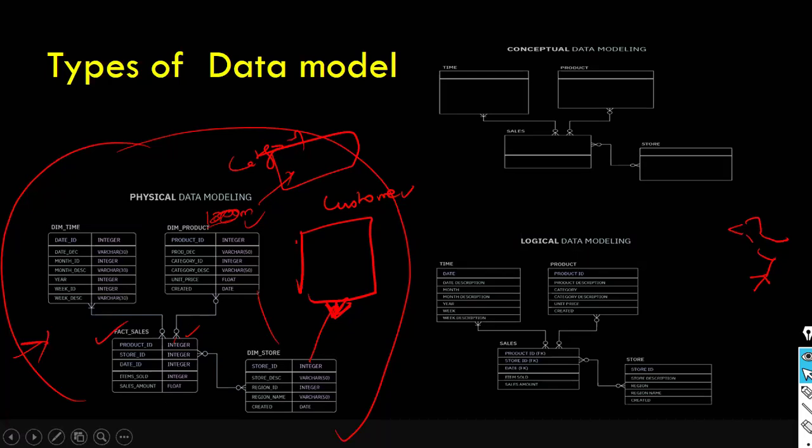So zero or many products can appear in the fact sales table, and each transaction can have multiple products also in a single invoice, right? Let's say you go to a shop and you buy multiple products. You buy vegetables, for example broccoli, onion, tomato. Single order, multiple products.